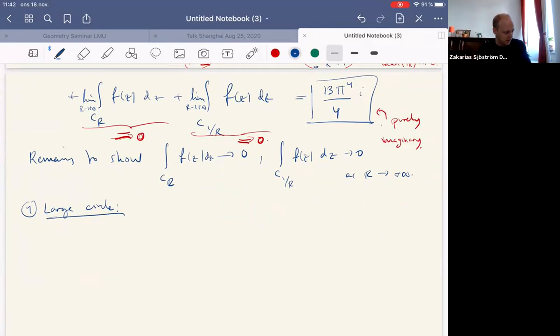And okay, what is now this argument that we want to give? So the first claim is that this integral here goes to 0. To prove this, we look at the integral of f of z dz, and we look at the absolute value of this thing along the large circle here. Now we want to estimate this. So we can do the usual thing.